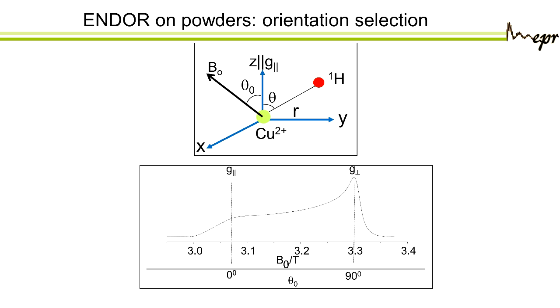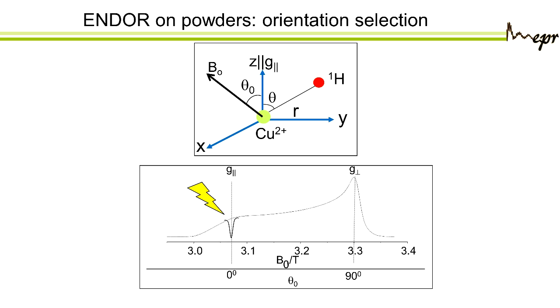So when I select, for instance, this position, I'm selecting the orientation of the field relative to the copper that is 0 degrees. But the proton will not be 0, it will be something else that is dependent on the structure, right?